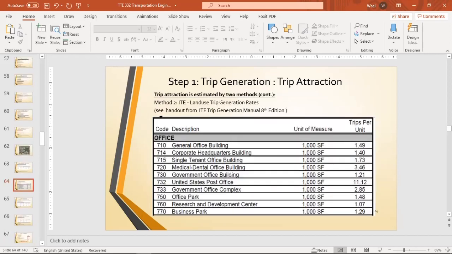The other method, which is based on land use trip generation rates. That's a small example of it. This is from the ITE trip generation manual, 8th edition. And to explain it to you better, let me just share this screen.